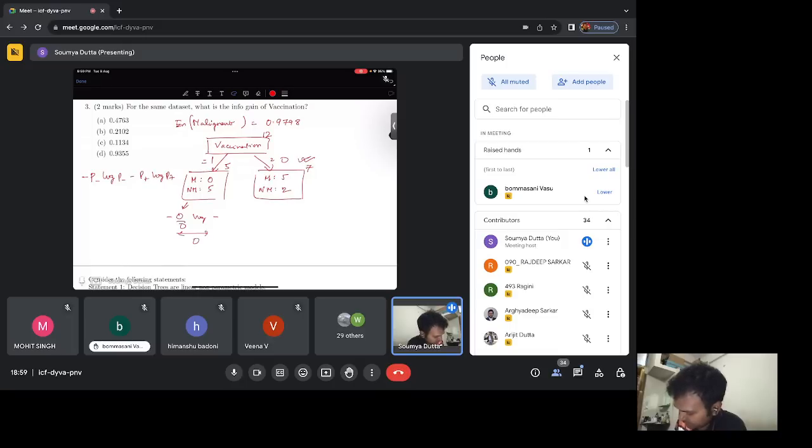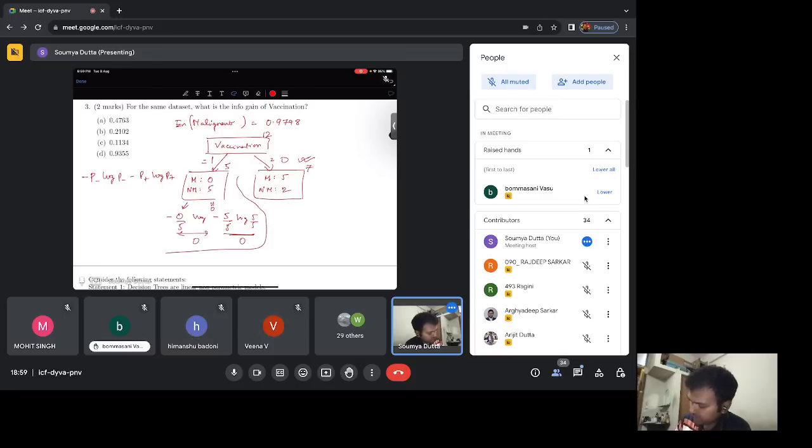And this is 0 by 5, and this 5 would be 5 by 5, and log of 5 by 5. So this again becomes 0. So the entropy of this becomes equal to 0. Okay, this part is done.